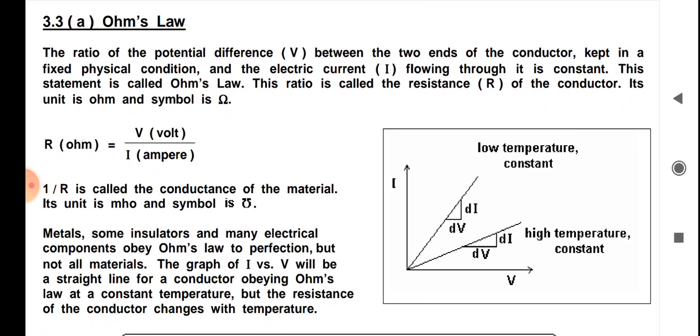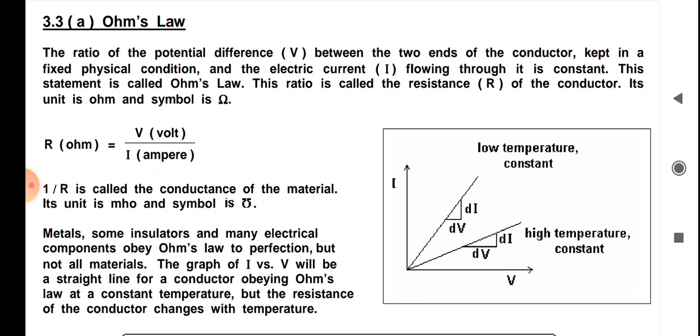V is proportional to I, where V is the potential difference and I is the current in ampere. When we remove the sign of proportionality, there is a need for a constant R, that is called the resistance, and that's why its unit is ohm. That's why V equals RI.